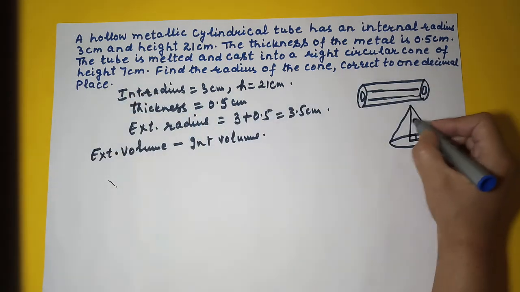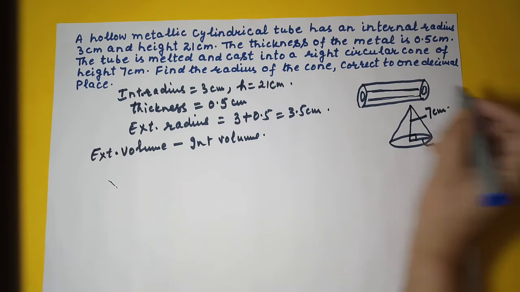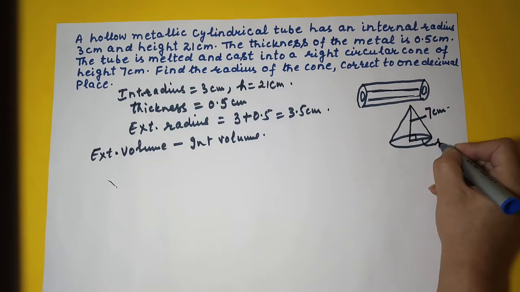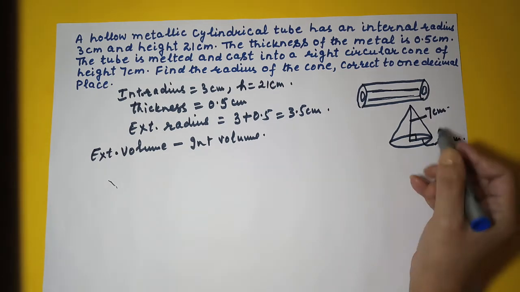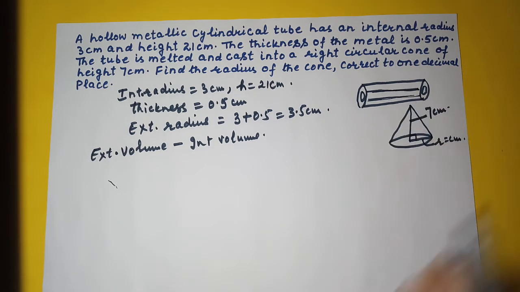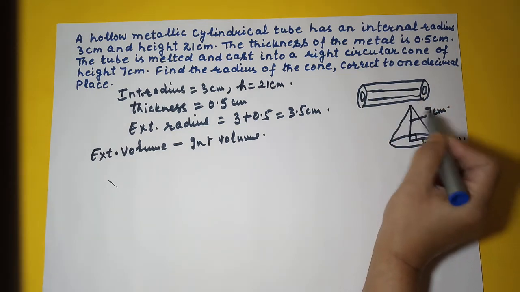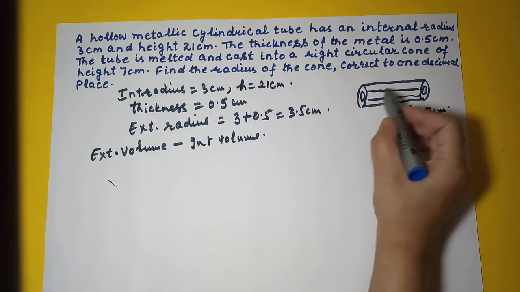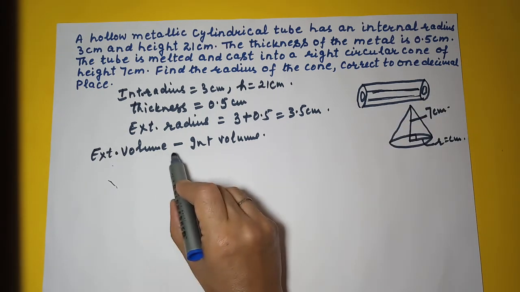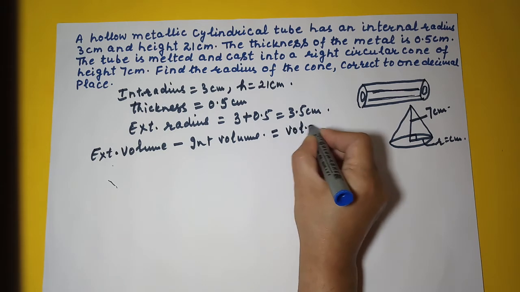The height of this cone is 7 centimeters, and he wants us to calculate the radius of this cone which we have made by melting this cylindrical tube. So what is remaining the same? The volume of this will be equal to the volume of this. Now the volume of this we know is external volume minus internal volume, which is equal to the volume of the cone.